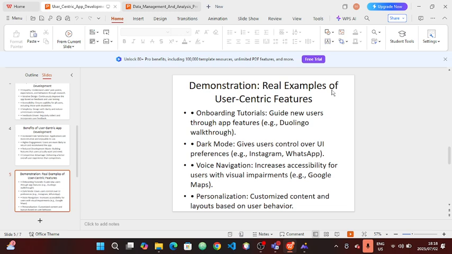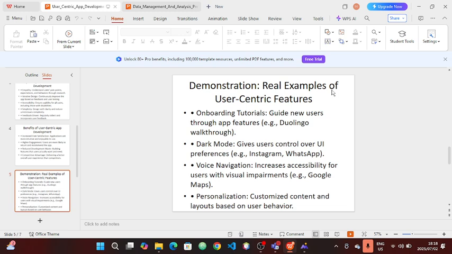Also we have voice navigation. It increases accessibility for users with visual impairments, for example Google Maps and also Siri or Google, the phones' assistants.